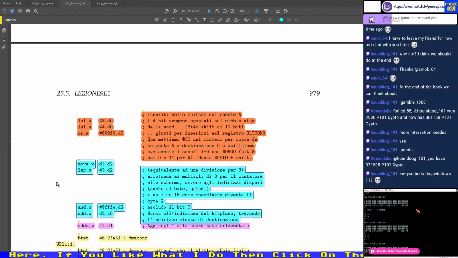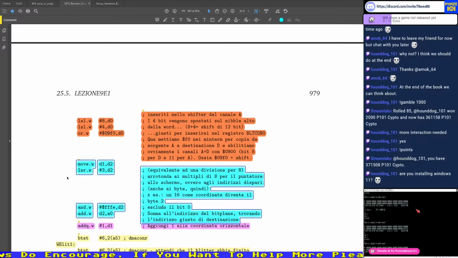Then we have the calculation of the address for the bit plane, where we are on the bit plane. So we need to calculate which address on the bit plane we are.